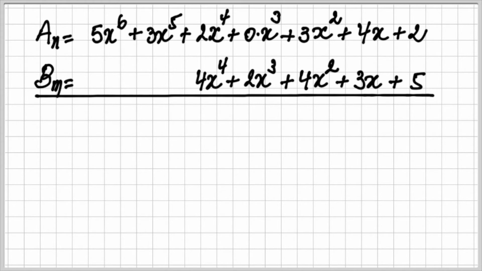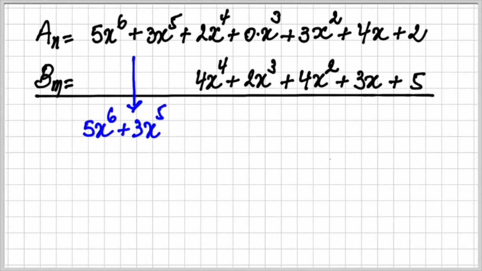And we write the first term of b under the term of a with x to the power 4. So we have 4x to the power 4 plus 2x to the power 3 plus 4x to the power 2 plus 3x plus 5.